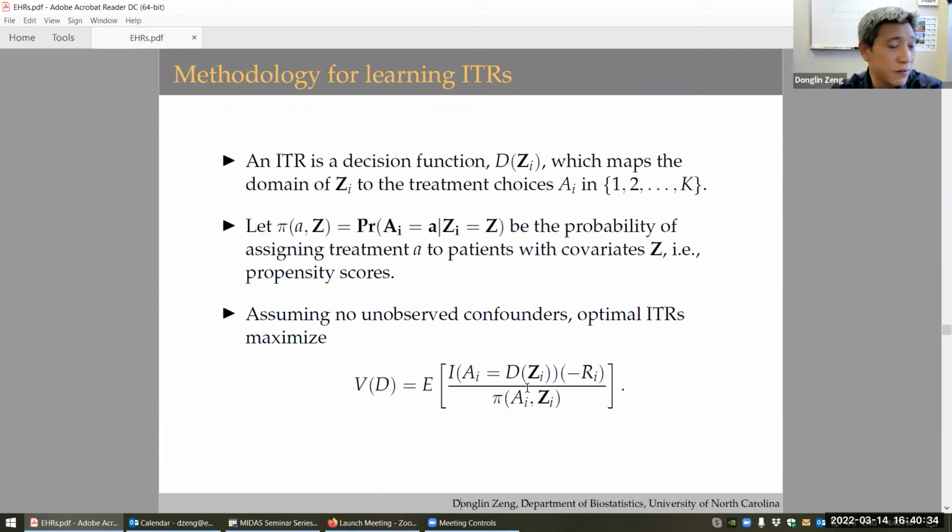Basically, they use inverse probability weighting, because there's a propensity score in the denominator. But we know in observational studies, this probability can be very, very small. If you have a very small probability in the denominator, computationally it will blow up your computation. In a lot of cases, you get non-convergence, and the result can be very variable. So we want to avoid it.